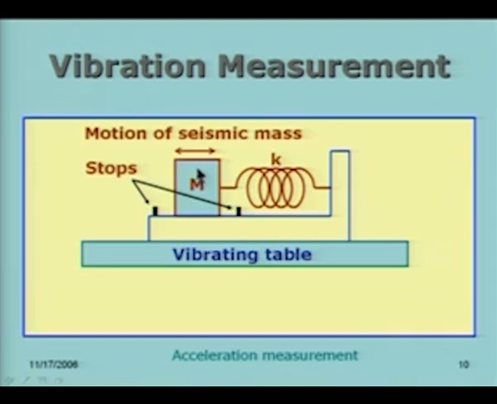That is the best, of course. The motion is stopped by these stops, so that you prevent damage to the instrument when the natural frequency of this spring mass system coincides with the impressed vibration frequency. If the frequency is the same, then it will go into resonance.